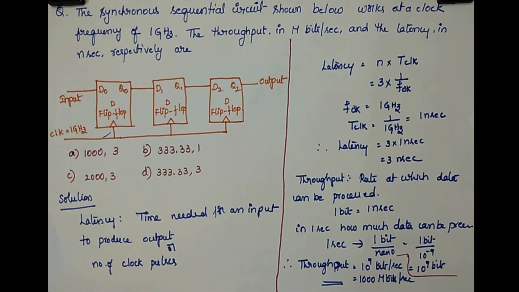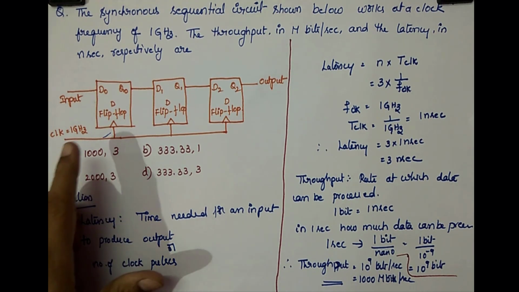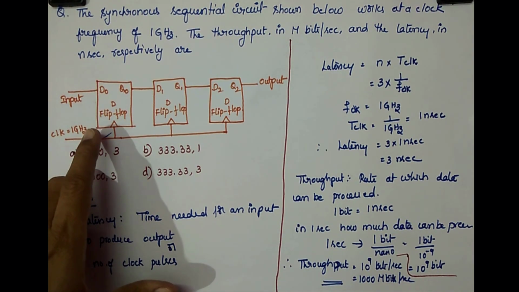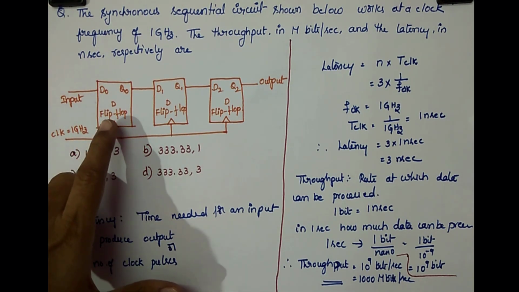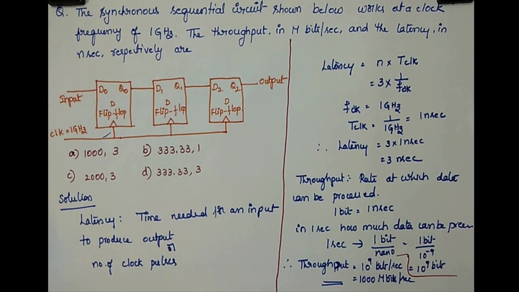So simply, throughput is the number of bits that can be processed in unit time. Here the unit time is second. So in the given circuit, 1 bit of data can be processed during 1 clock pulse, that is in 1 nanosecond. So in 1 second, how much data can be processed is nothing but the throughput. So in 1 second, 10 power 9 bits of data can be processed. So throughput is 10 power 9 bits per second, or 1000 megabits per second.